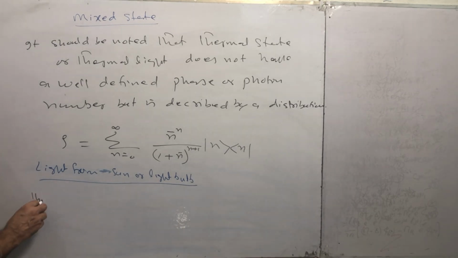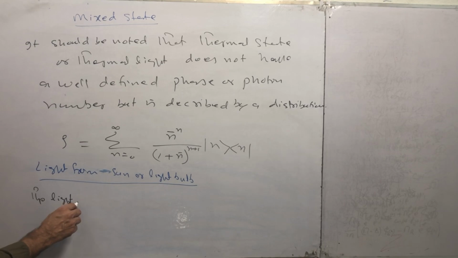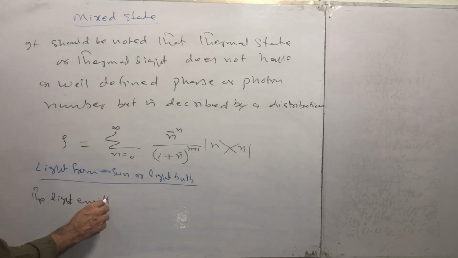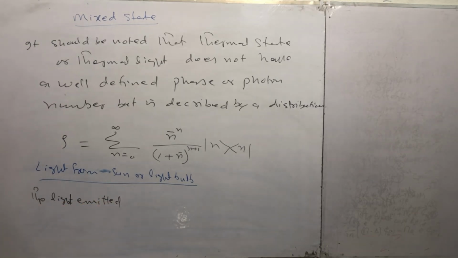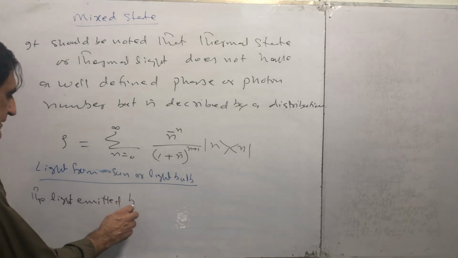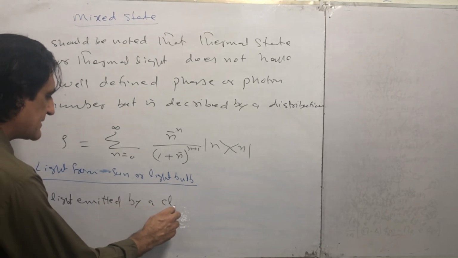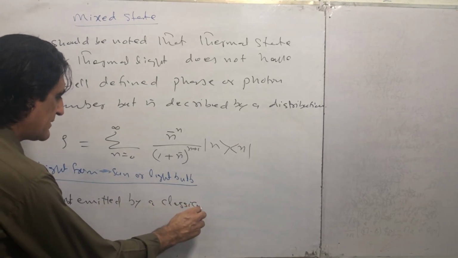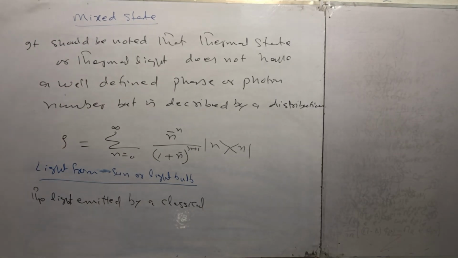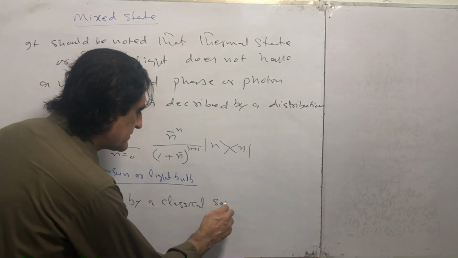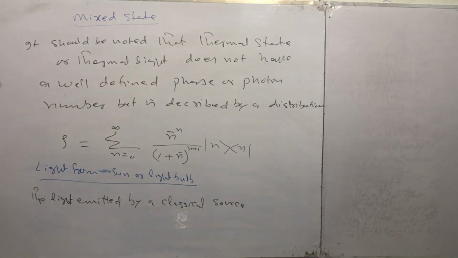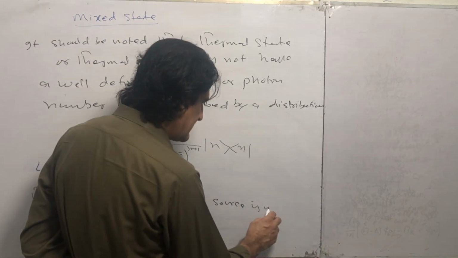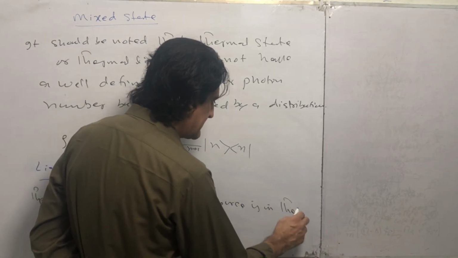Let the light emitted by a classical source be in a thermal state.